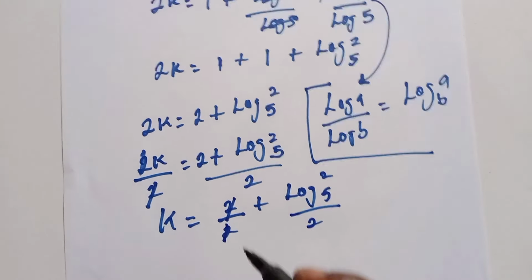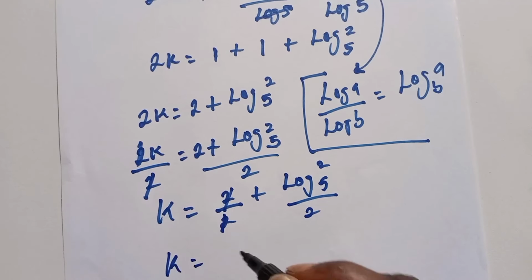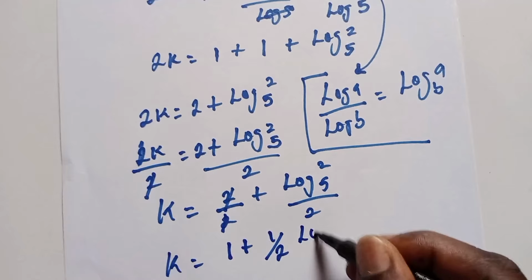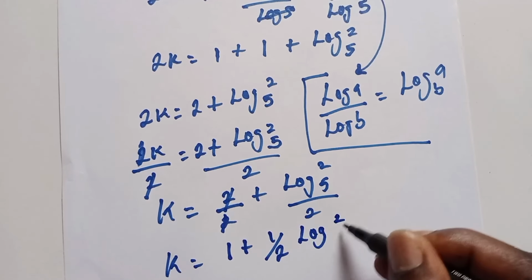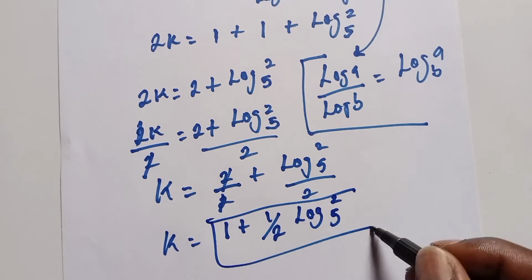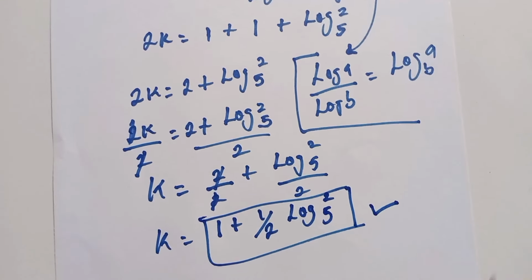So k will be equal to 1 plus half log 2 base 5. So this is our solution.